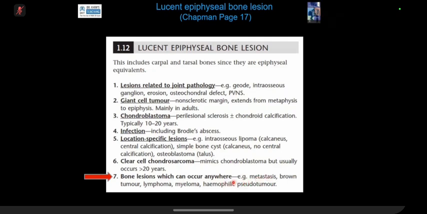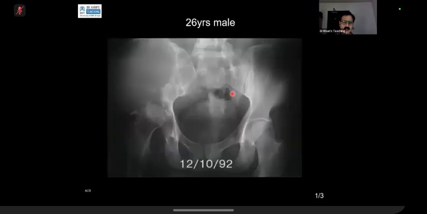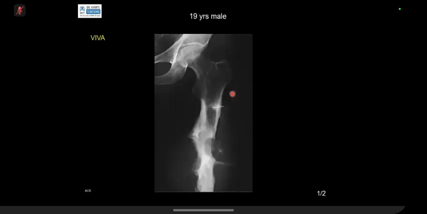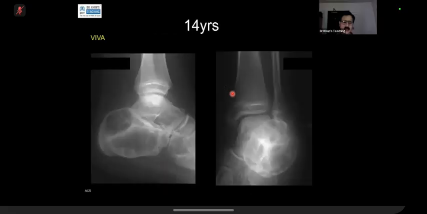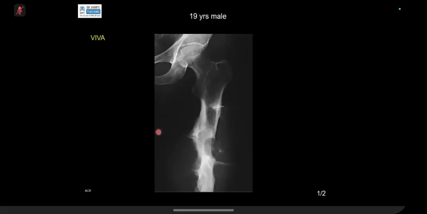And because of this expansion, and the way it is expanded, I think we should keep hemophilic pseudotumor up there, isn't it? Yes. This is the skill which you have to master for your exam. So this is pseudotumor of the calcaneum. Yes, please, another one for you.